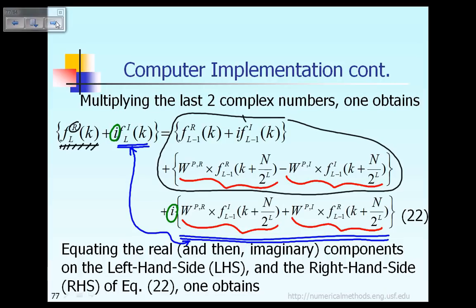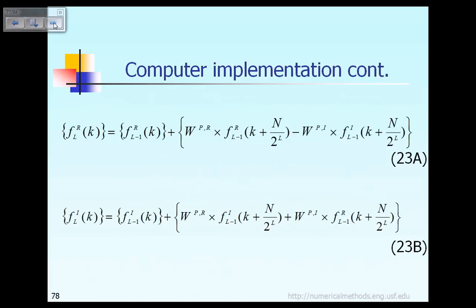So if we equate this block right here with this FL superscript R, we will get the second equation that has nothing to do with the complex number. So by doing that, instead of having one complex equation that involves small I, now you have two equations that have nothing to do with the small I, and that is shown in the next slide by equation 23a and 23b.